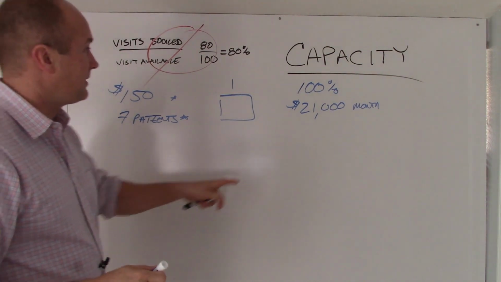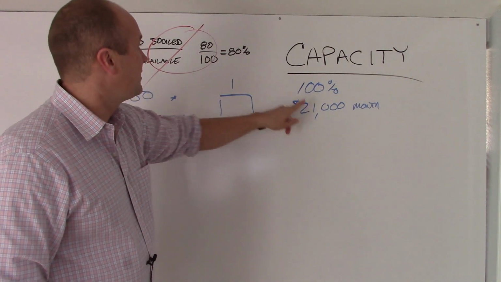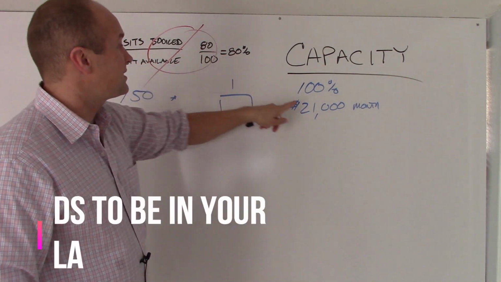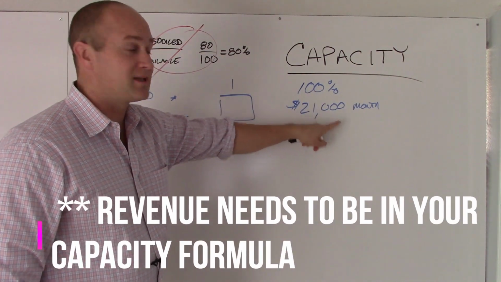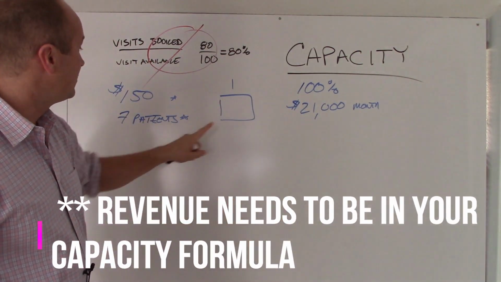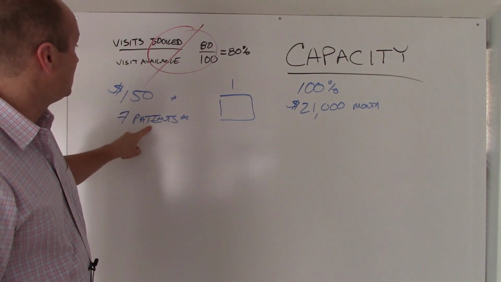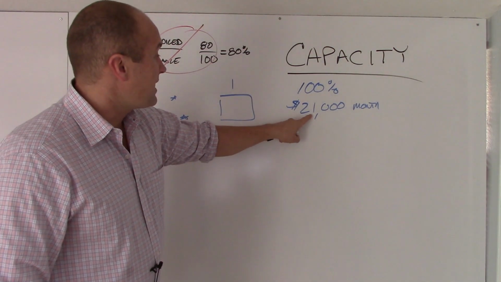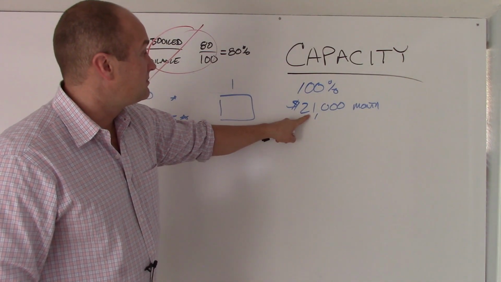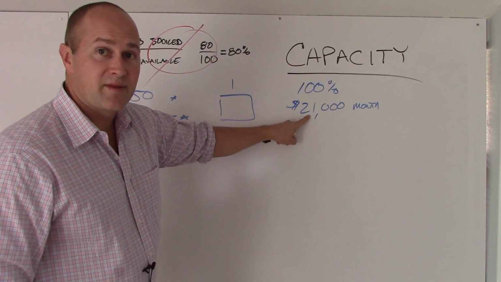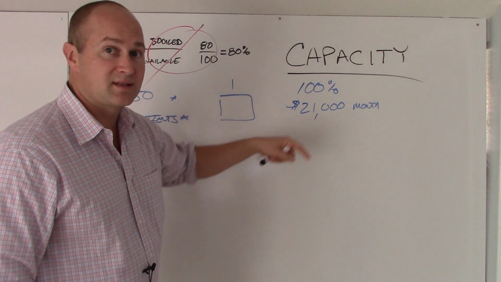That's my max capacity, not patient visits. I'm actually adding revenue into this. In 1 treatment room, having 7 patient visits a day, averaging $150 a session, my max capacity is $21,000 a month. That's how you should calculate capacity.